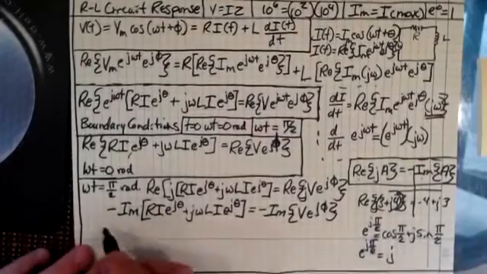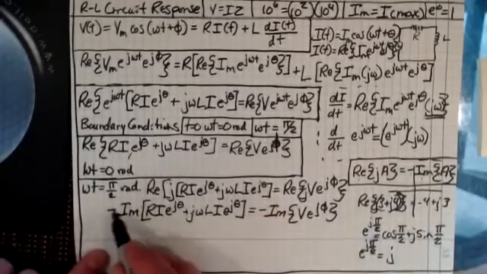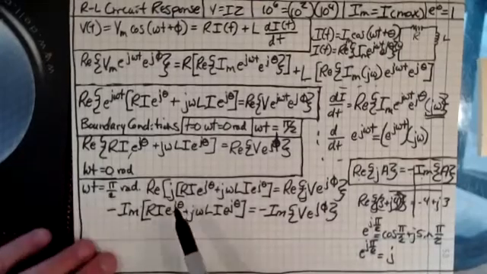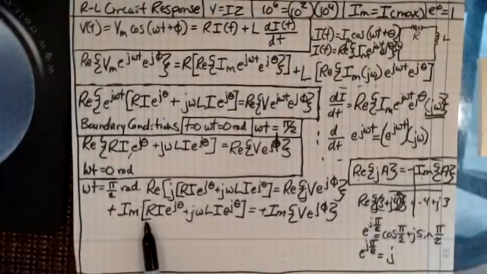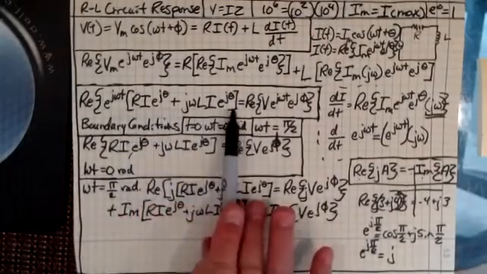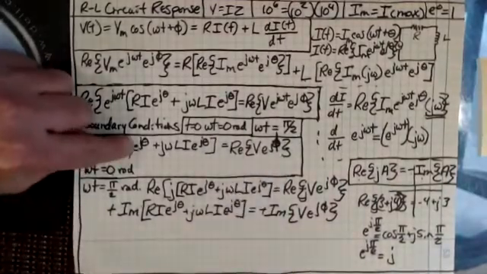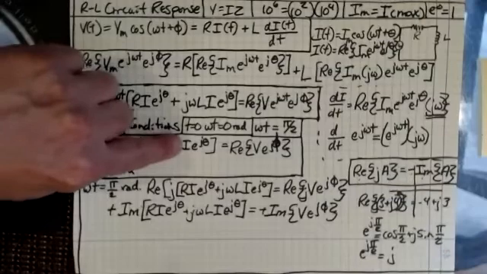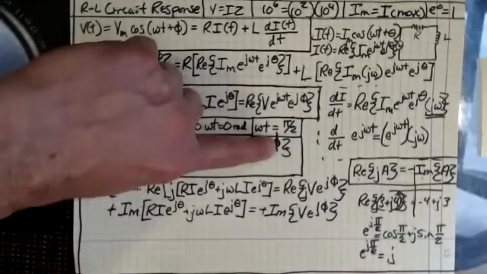Now you can see this is minus imaginary, so those both are going to cancel out the minuses, right? So I'll just make those pluses. Whether we're comparing this or this, we can say R I e to the j theta plus j omega L I e to the j theta equals the real of V e to the j phi.